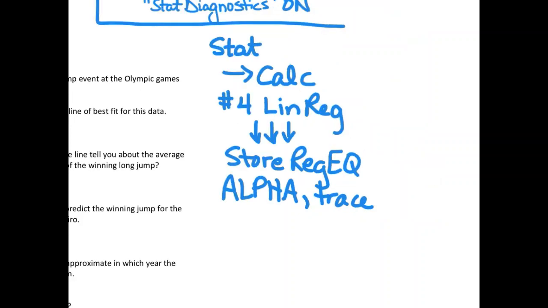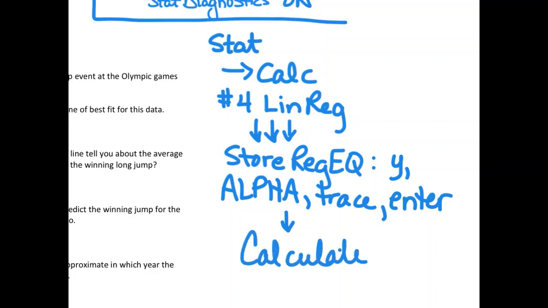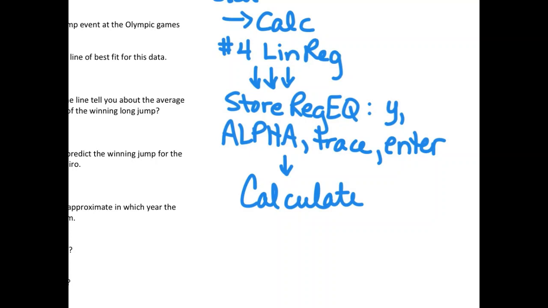If you just press enter, it'll automatically choose Y1 for you, and you'll see that now it says store regression equation Y1. What that means is that once you've computed the equation of the line, the calculator will automatically save that equation in the Y1 spot in your Y equals screen, and it'll automatically graph that equation of the line. You want to down arrow again to calculate and hit enter.